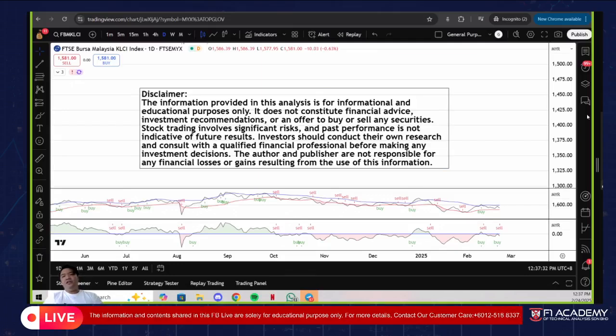Stock trading involves significant risk, and past performance does not indicate any sort of future results. So investors should conduct their own research and consult with a qualified financial professional before making any decisions. Please do your own research, I beg you. The author and publisher are not responsible for any financial losses or gain resulting from using this information, because again, this is just to give you some tips.